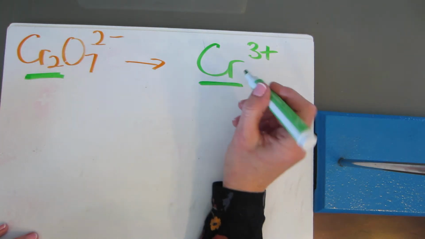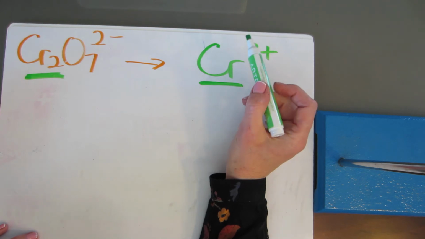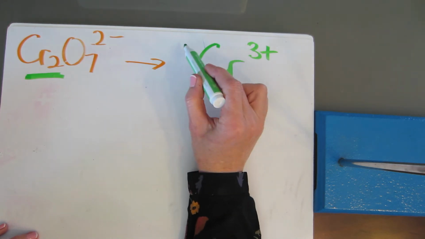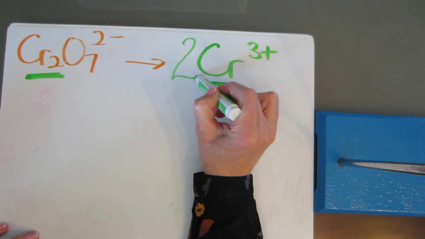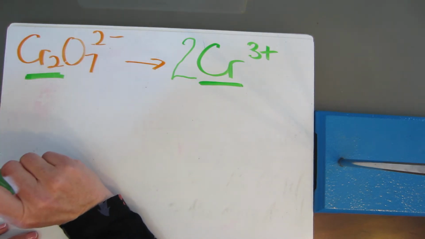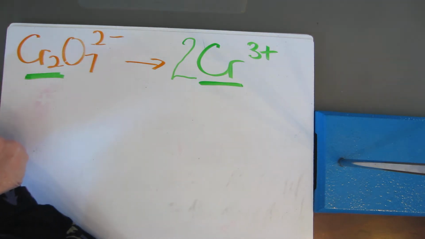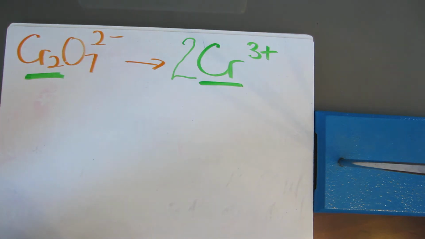How many chromiums this side? Only 1. So before you start using the 1, 2, 3 rules, you must make sure that you've balanced the chromiums first of all. Okay, now once we've done that, we can start with our rules.